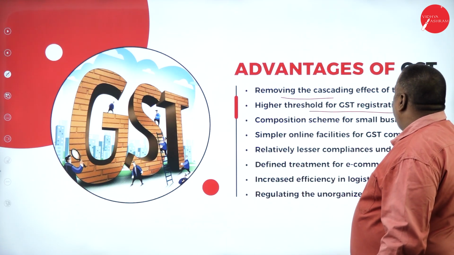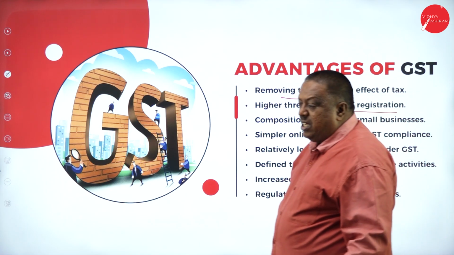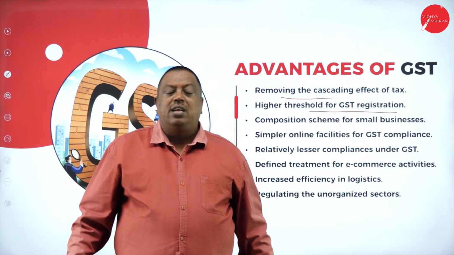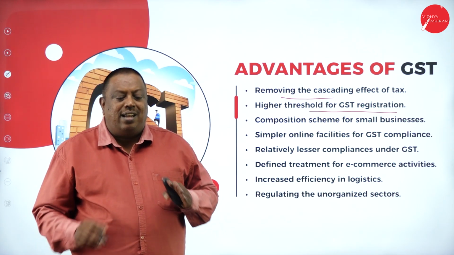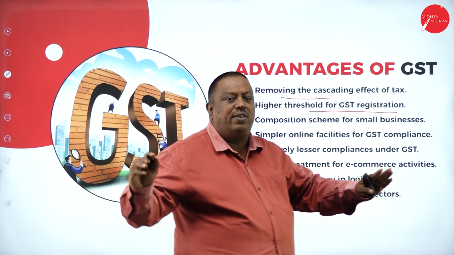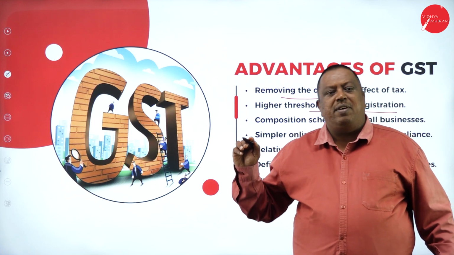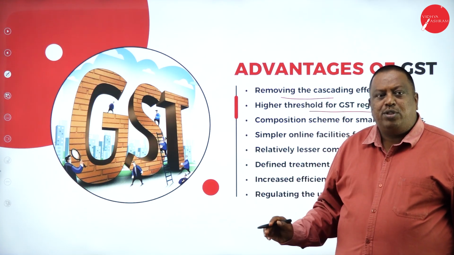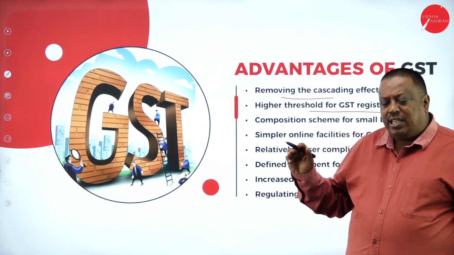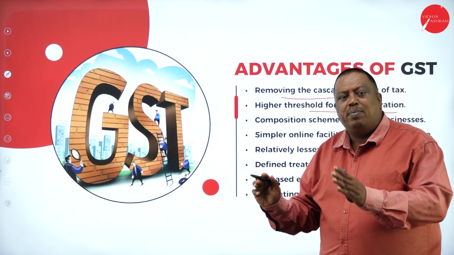Higher threshold of GST registration means it has increased to a high level, and GST registration has made everything clear like a mirror image, so everything can be viewed and done easily, beneficial for all the people.